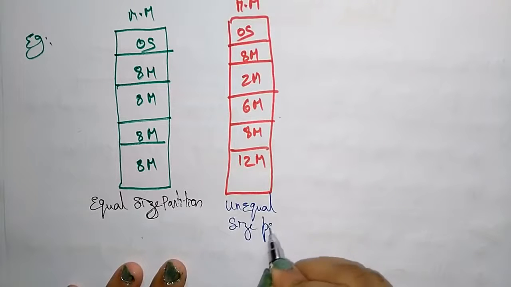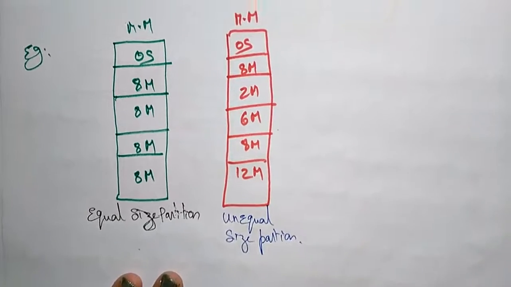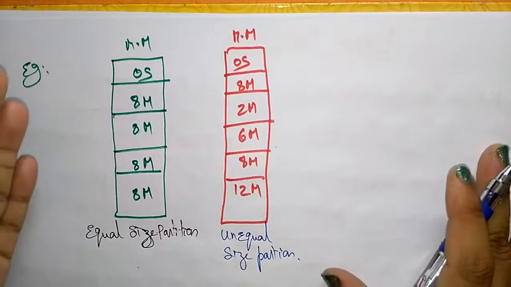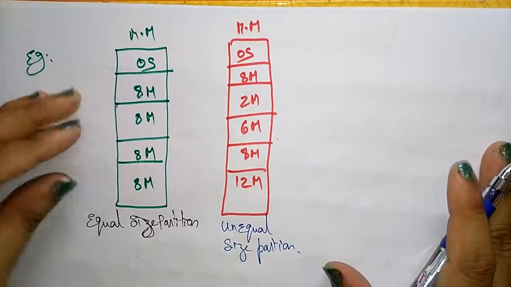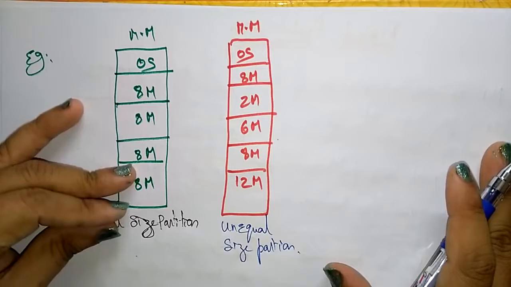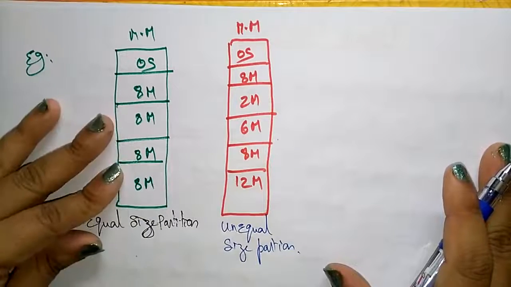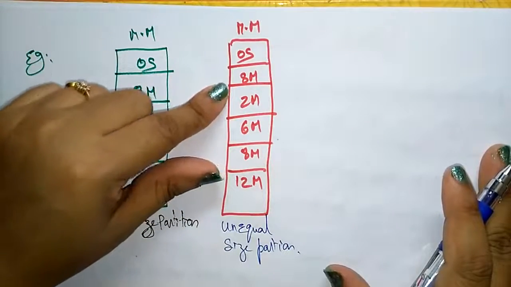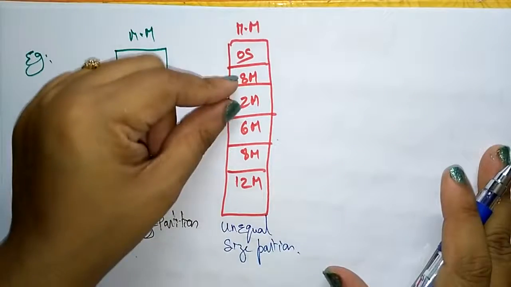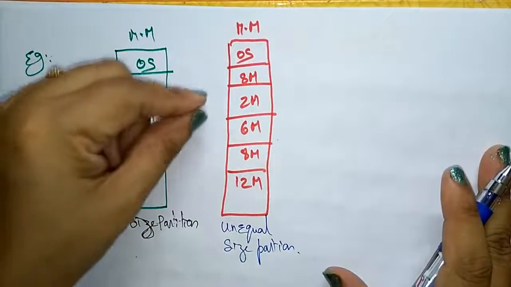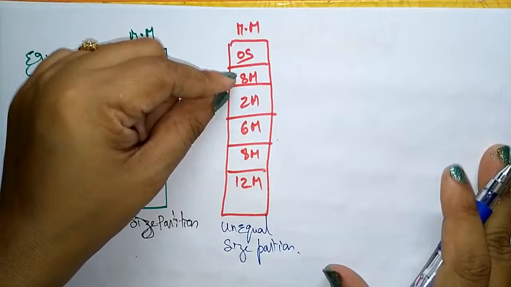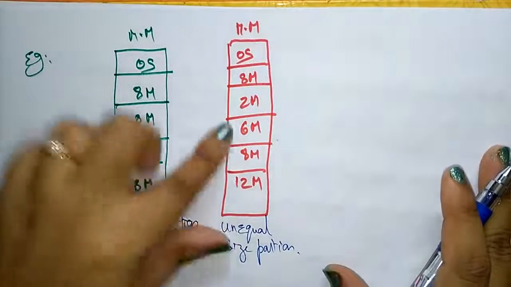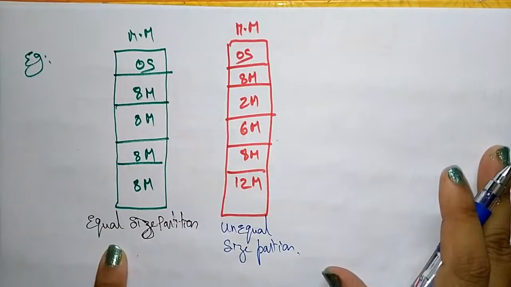If you take 64 megabytes of memory, it can be allocated as 8, 8, 8, and so on for equal size partitions. In unequal size partitions, you divide the memory into unequal sizes, but it is fixed and won't change. One process can enter only one slot, one chunk. So this is unequal size fixed partition and equal size fixed partition.